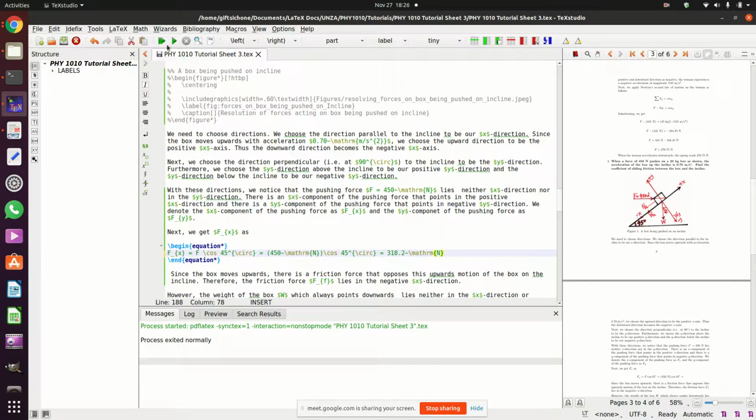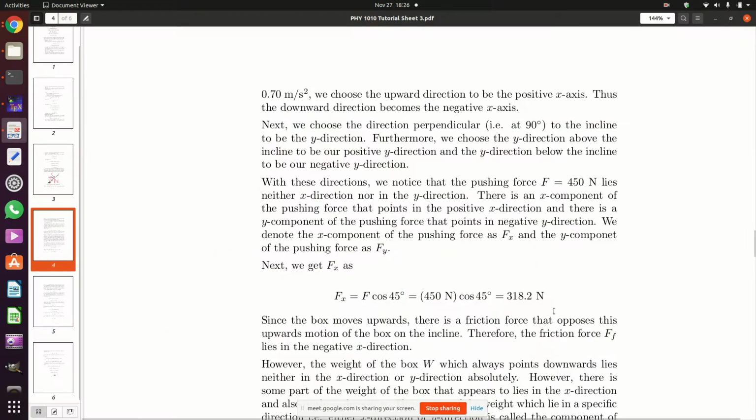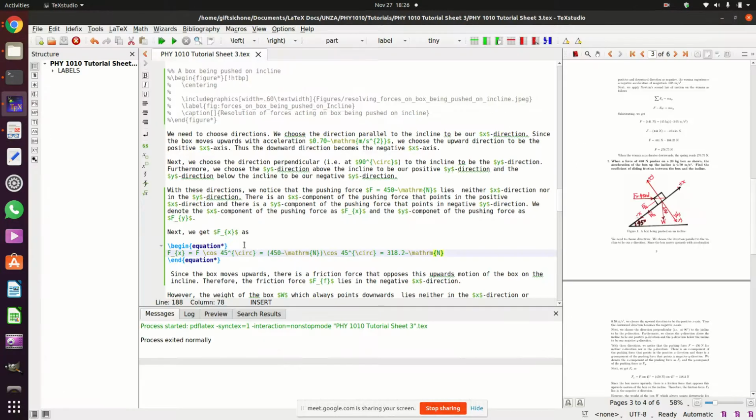So that is Fx, 318.2, pointing along the positive x-axis, the positive x direction.